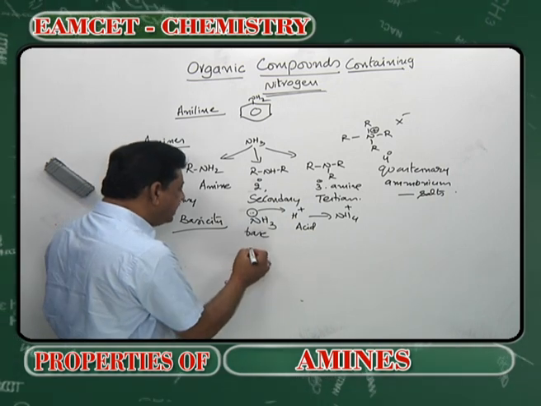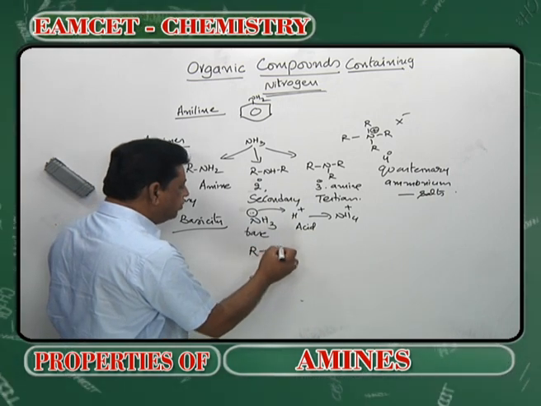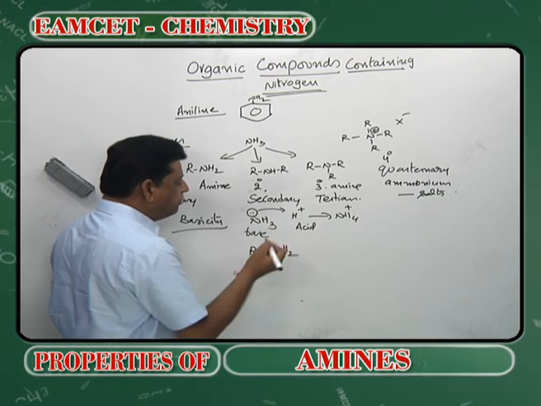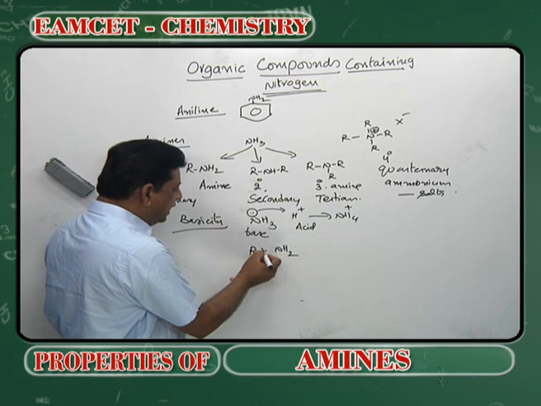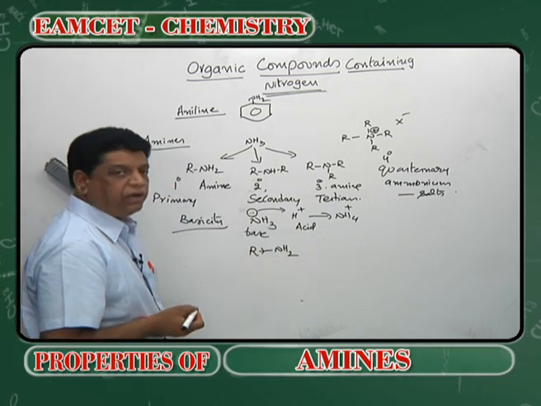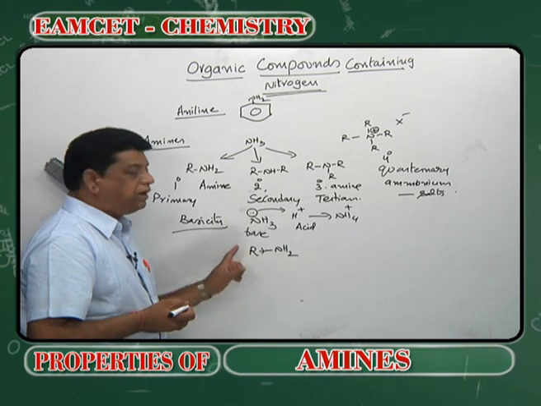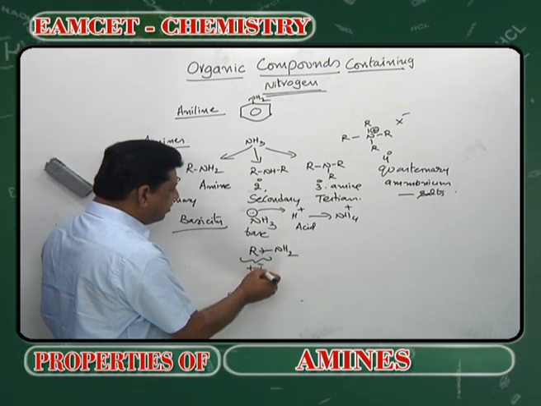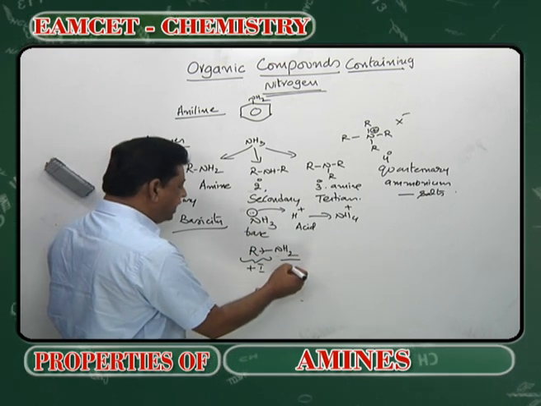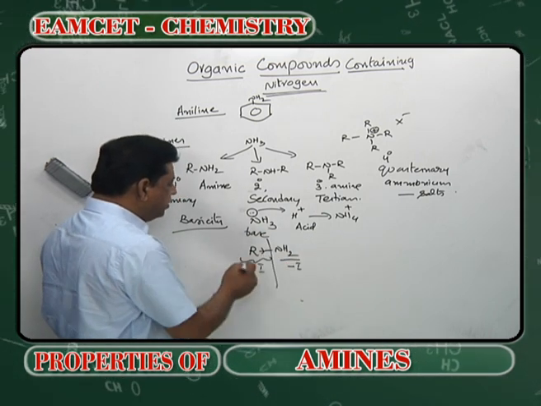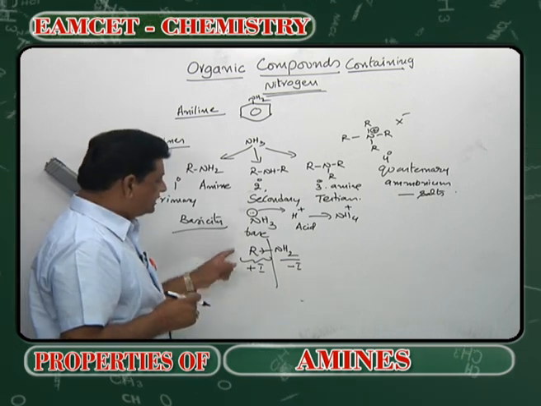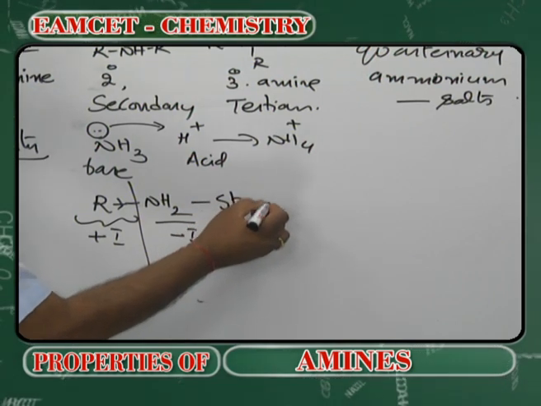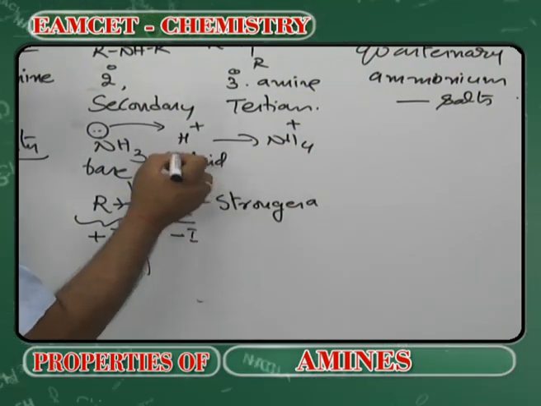However, when an alkyl group like a methyl group or ethyl group is there, what type of base does this ammonia act as? The alkyl group has a carbon attached, and nitrogen is more electronegative, therefore it pulls a small electron density through the bond. The alkyl group happens to be a plus inductive group and NH2 is a minus I group. So, whenever an alkyl group, that is a plus I group, is attached, these amines are stronger amines when compared with ammonia.